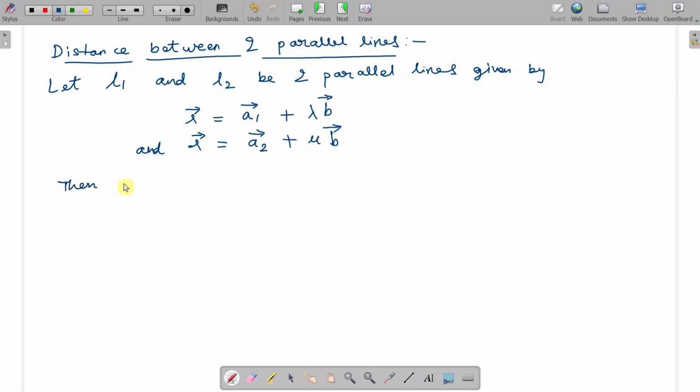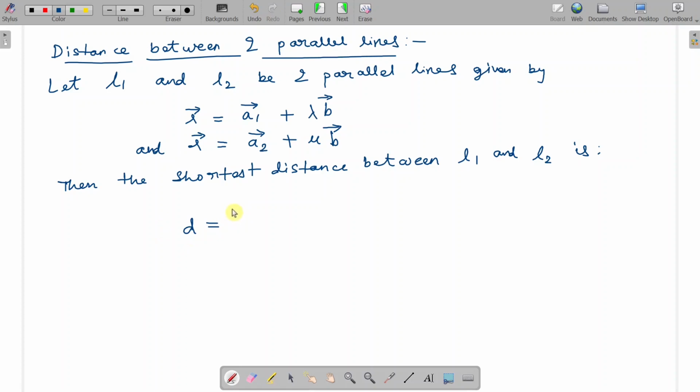Then the shortest distance between L1 and L2 is d equal to magnitude of (b bar cross product (a2 bar minus a1 bar)), magnitude closed, divided by magnitude of b bar.